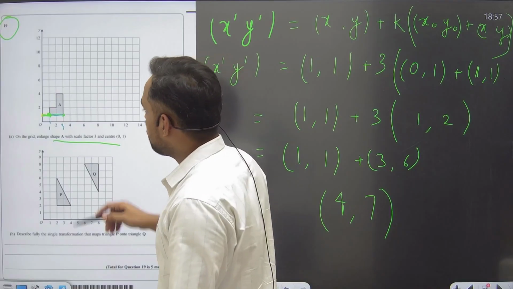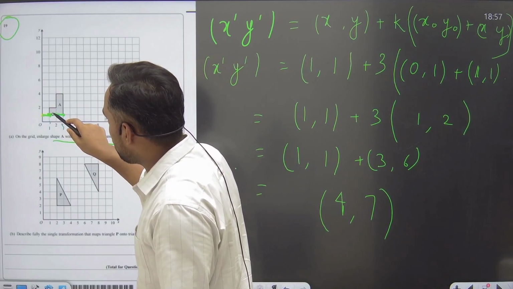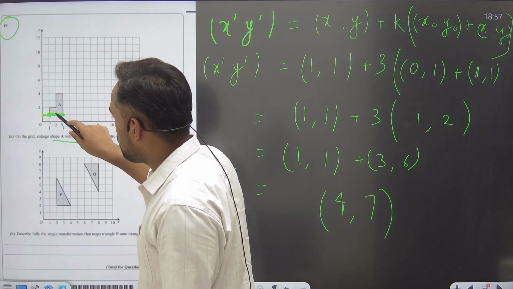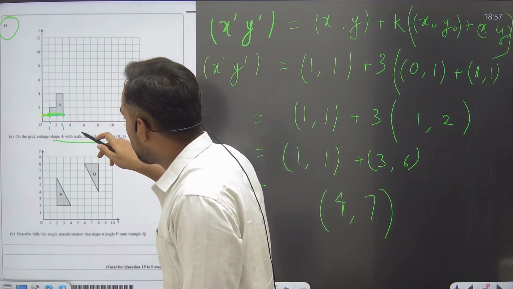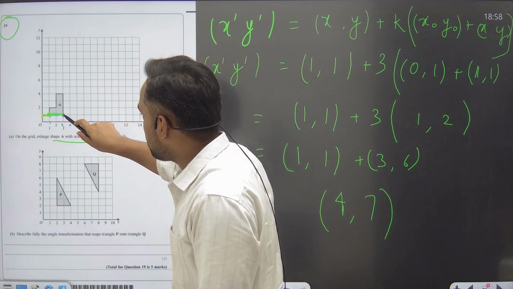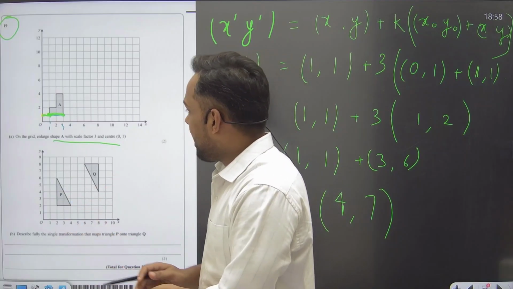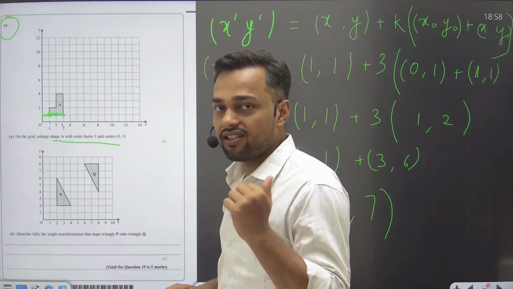Similarly, if you look at the base of this particular figure, we need to jump 2 blocks, so 2 blocks cover the base of that shape. The enlarged figure will have a base of 6, because we multiply by the scale factor.